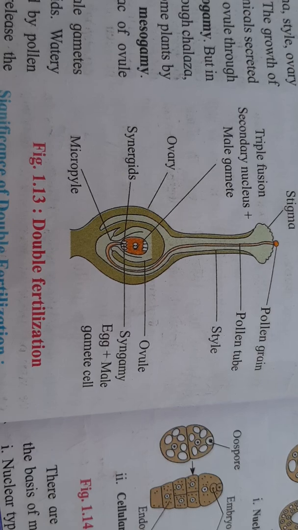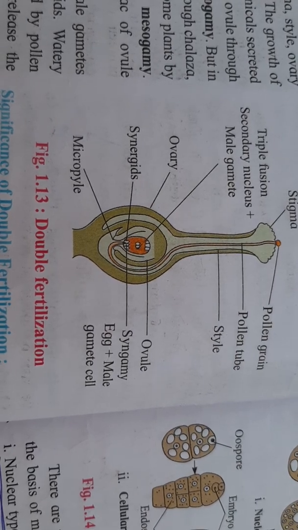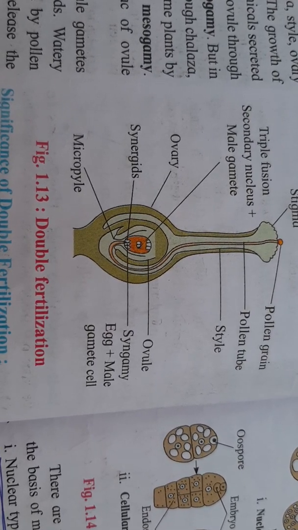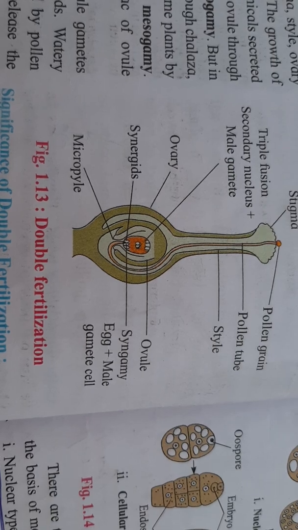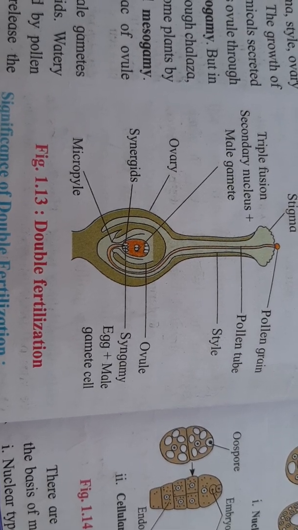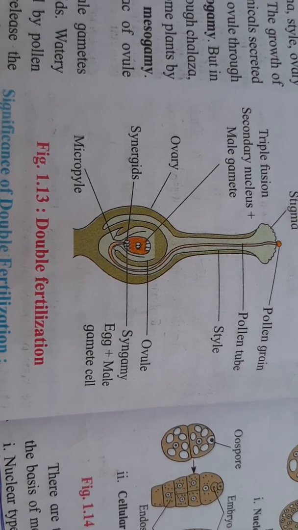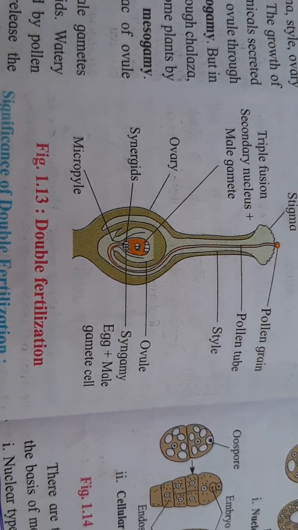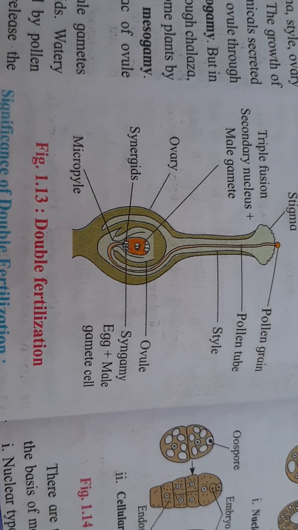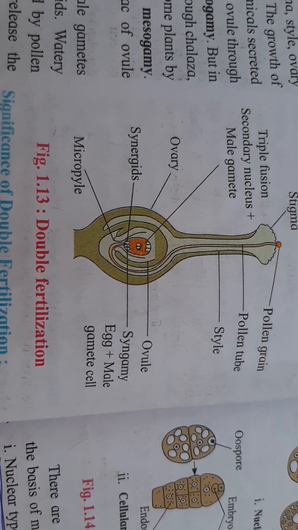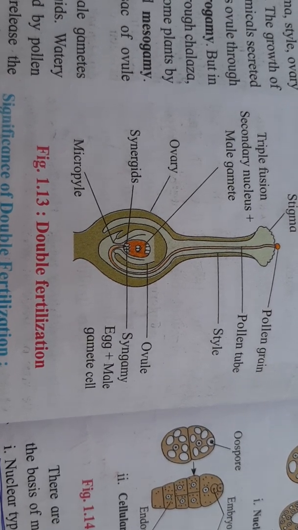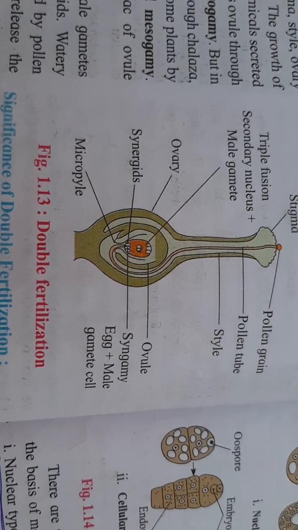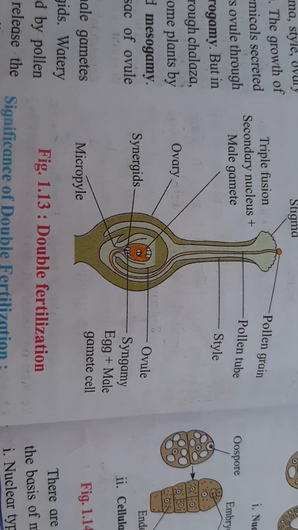One male gamete fuses with the egg and the other male gamete fuses with the secondary nucleus to form a triploid cell, and double fertilization is completed. After that, seed production, fruit development and further processes take place.